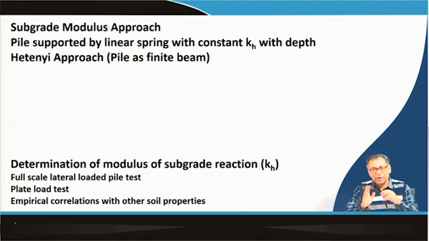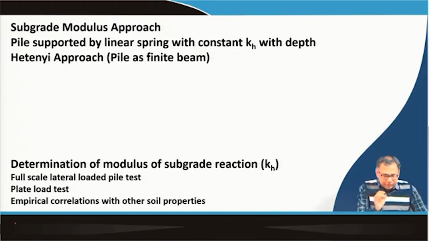In that case the springs were vertical springs, and the beams were resting on those vertical springs, but that concept will be used here for laterally loaded piles, where the springs will be horizontal springs. So, first we will assume that this approach is applicable when the pile is supported by linear springs with constant kh with depth.